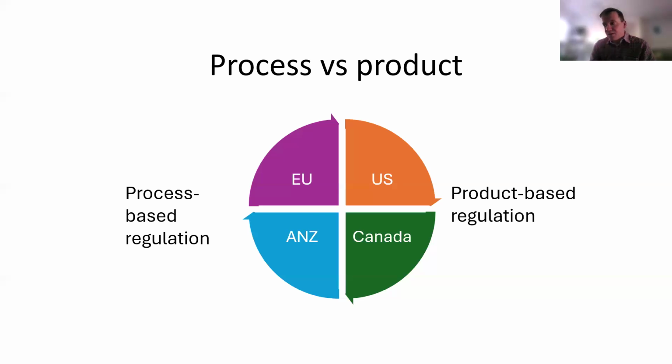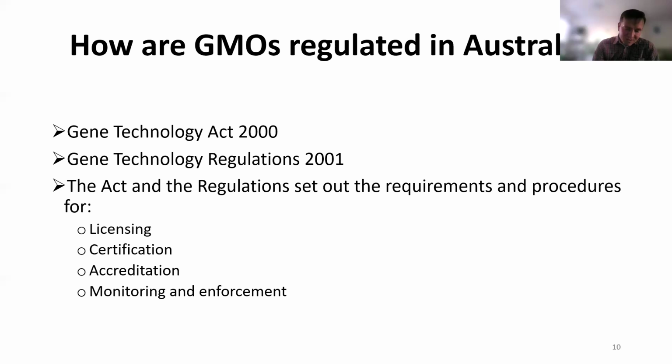And product-based regulation is about the final product, the outcome of genetic modification. So the process might not be that important. Classical examples of countries with product-based regulation would be the US and Canada. Australia, as I mentioned, has process-based regulation.